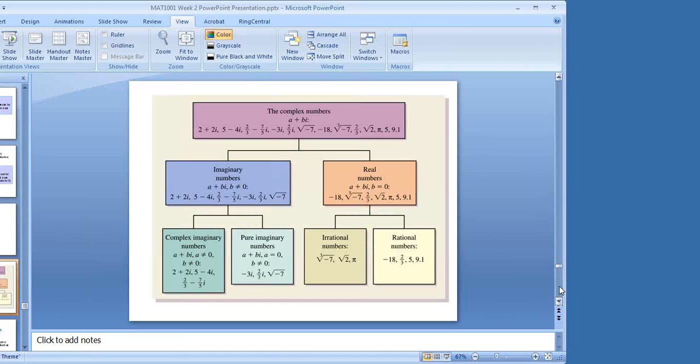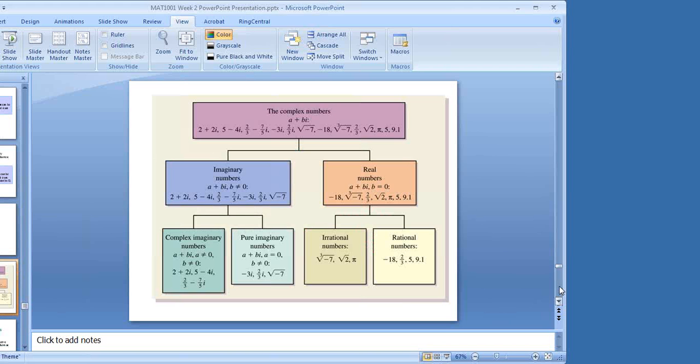You don't have to memorize this probably ever, but it's a neat little graphic that shows where all of the numbers come into play, because the complex numbers encompass everything. Okay, because as you can see on that list at the end, 5 is a complex number. Who would have thought? But the reason that's complex is because we can write that as 5 plus 0i, okay?